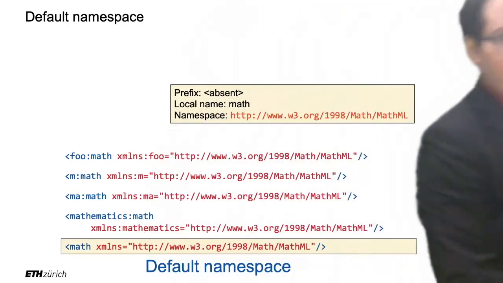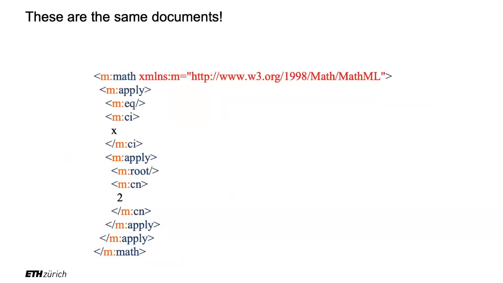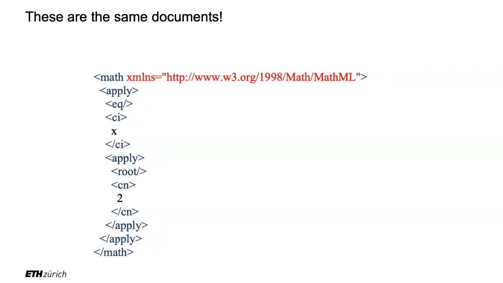So this is the default namespace right there that I marked as such. Now, it means that this document right here is also the same as this one. What did I do here? I just dropped the prefix and used the default namespace mechanism instead. So I'm declaring the default namespace to be the w3.org MathML namespace. What that means is everything that doesn't have a prefix is in that namespace.